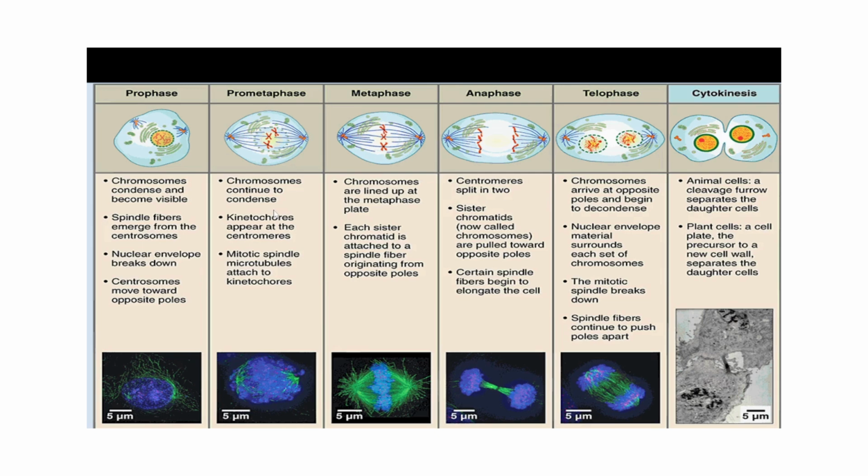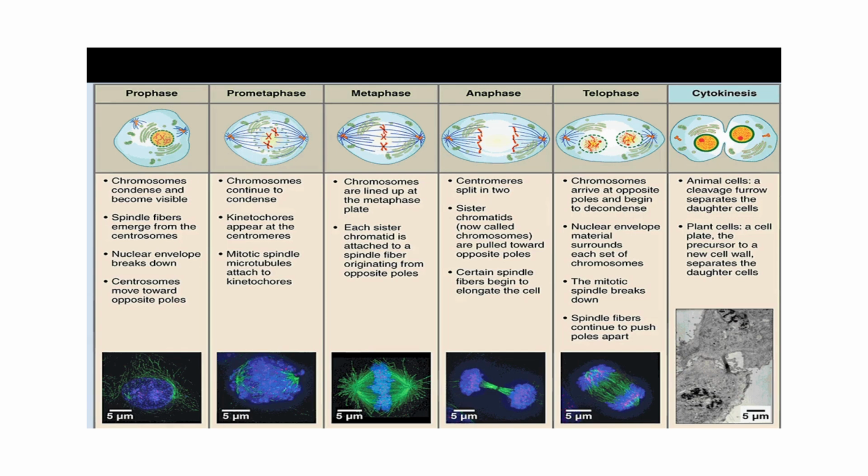Next is prometaphase. The events in prometaphase include chromosomal condensation, which will continue into prometaphase. Next, kinetochores appear at the centromeres. Here you can see the centromere present in the chromosome.